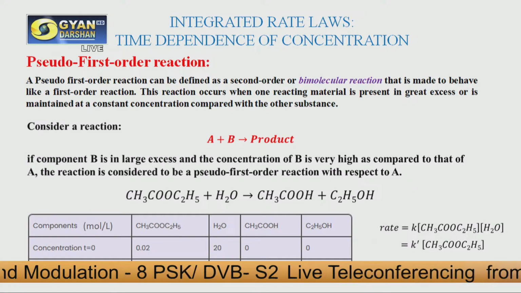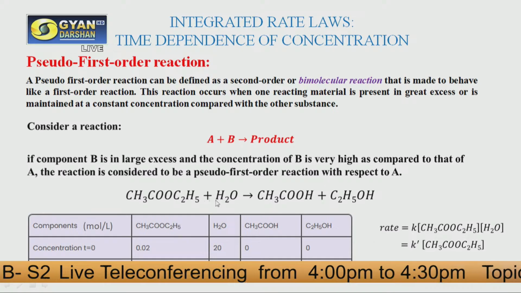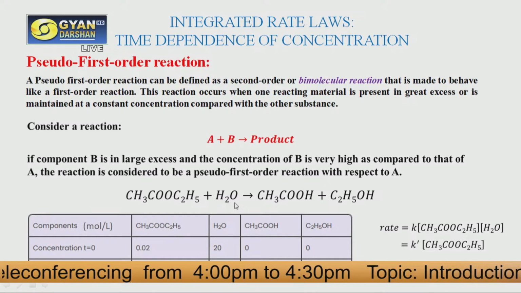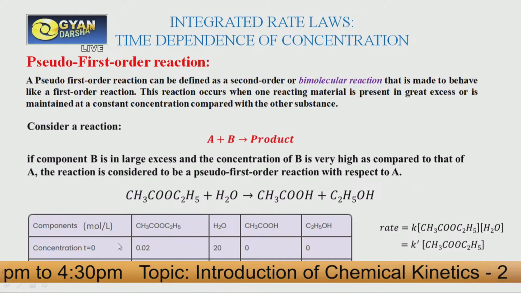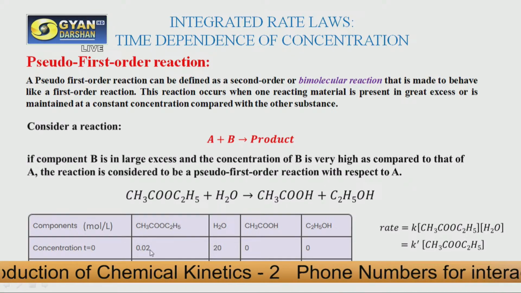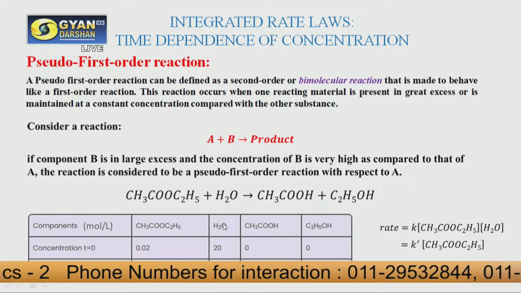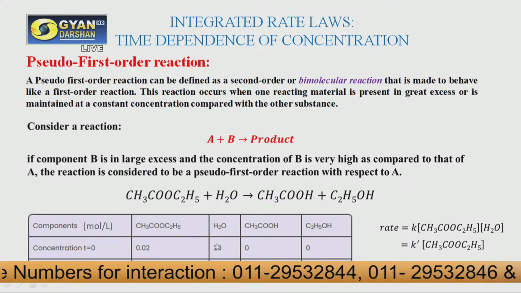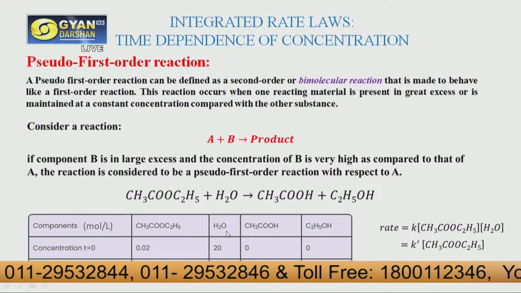Simply, the best example of a pseudo first order reaction is the hydrolysis of ethyl acetate. Here we can say that at time t equal to 0, the concentration of ethyl acetate is 0.02 mole per liter if we start from there, the concentration of water is 20 mole per liter, and the initial concentration of the product is 0.